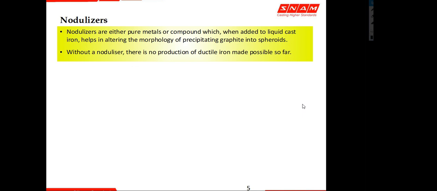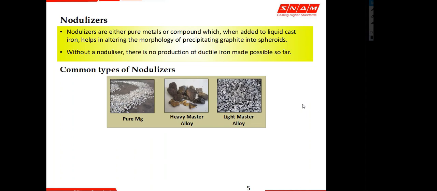So we'll talk of the common types of nodalizers. What are the general types of nodalizers available? You've got pure magnesium, just the element magnesium, 99.9% pure, as a nodalizer, because magnesium is one of the primary nodalizing elements. Then come the heavy master alloys. The name by itself talks of heavy master alloys, which have heavy metals in them.